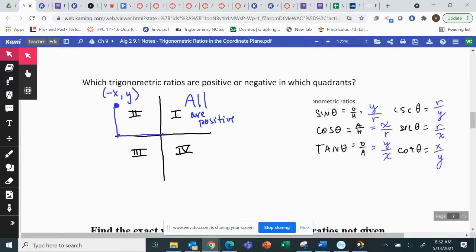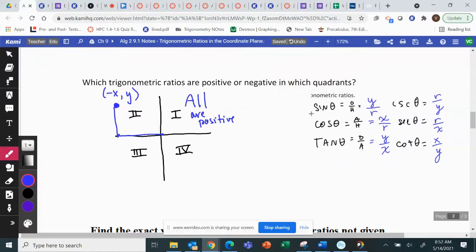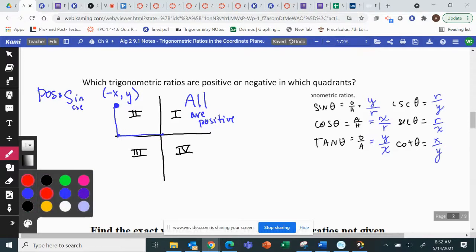So let's look, what's going to be positive in the second quadrant? What up here doesn't have an x? Sine and cosecant, because that's just sine flipped. So that means what's going to be negative in quadrant 2?